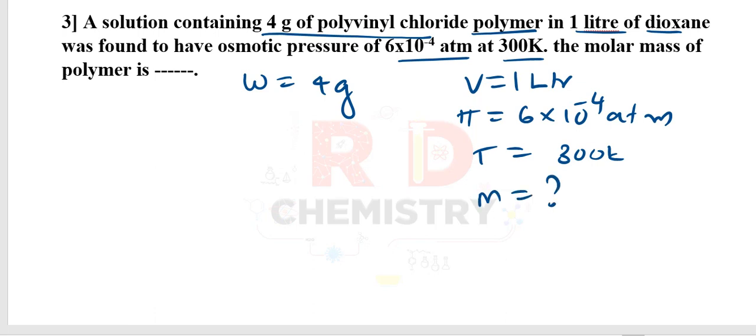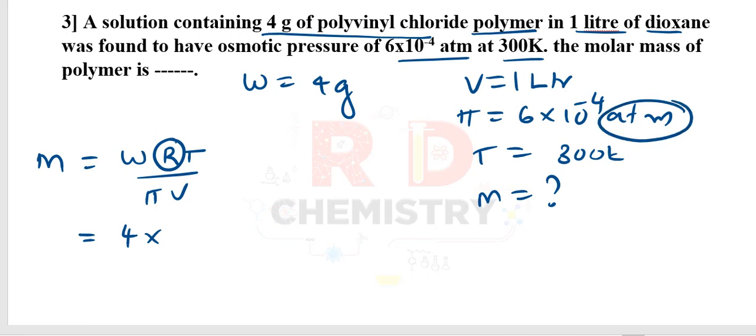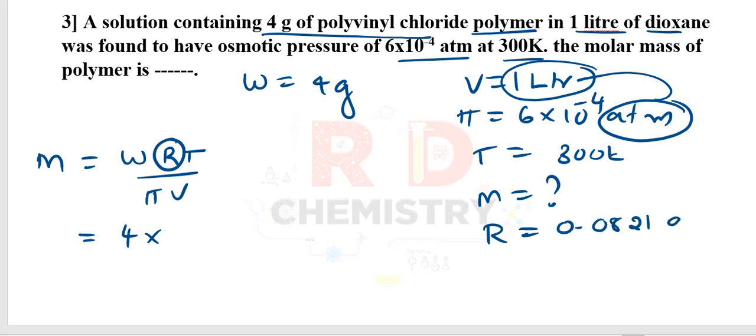We have the formula, right? Molar mass is equal to WRT divided by pi into V. So W is equal to 4 grams into R. The value of R depends on the units; here atmosphere and liters are given. In that case, R would be equal to 0.0821 atmosphere liter per mole per Kelvin.